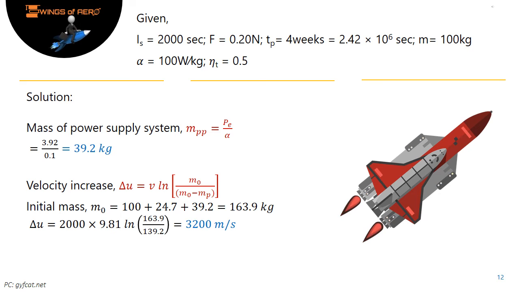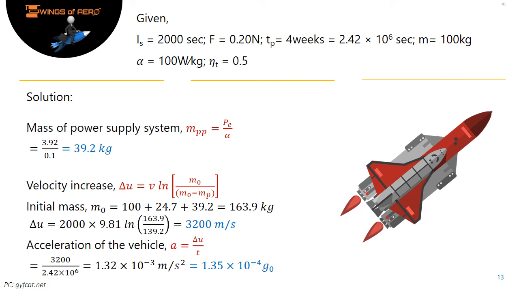Initially, payload mass, propellant mass m suffix p and the power plant mass m suffix pp are there. Then initial mass m naught is equal to 163.9 kilogram. Now substitute the appropriate known values, then solve. We have the required velocity increase, delta U is 3200 meter per second.